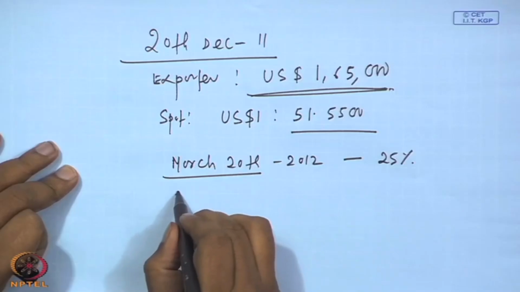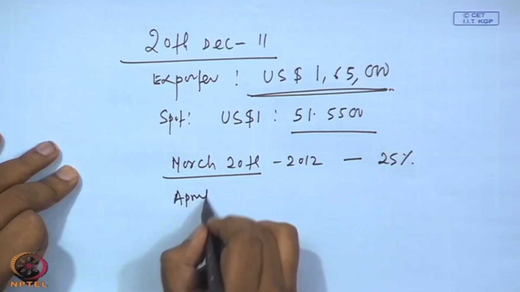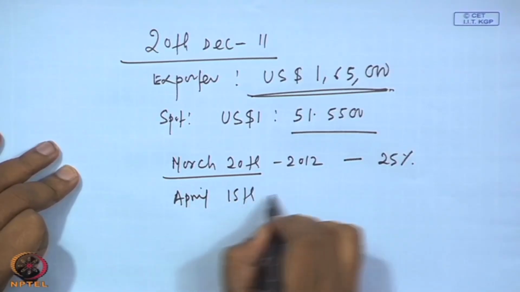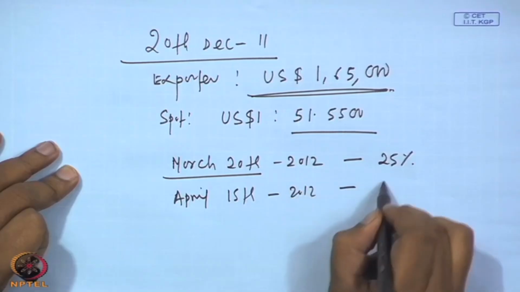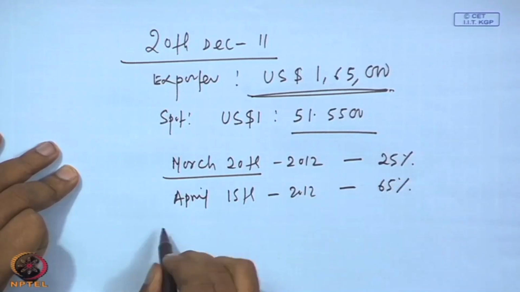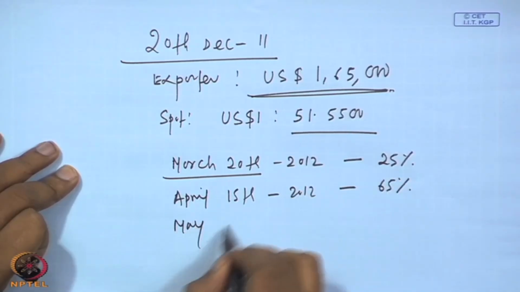The second due is April 15th 2012, 65%, and the last on May 20th.